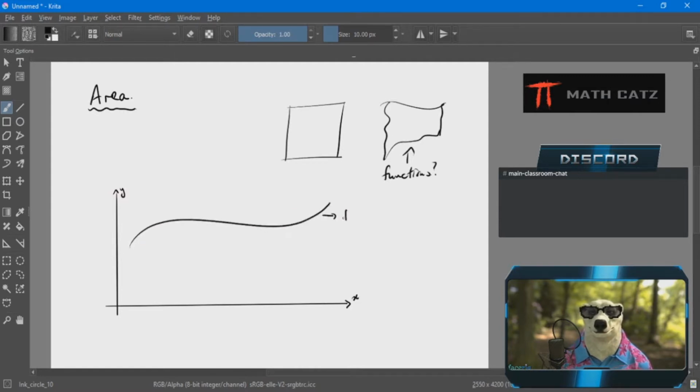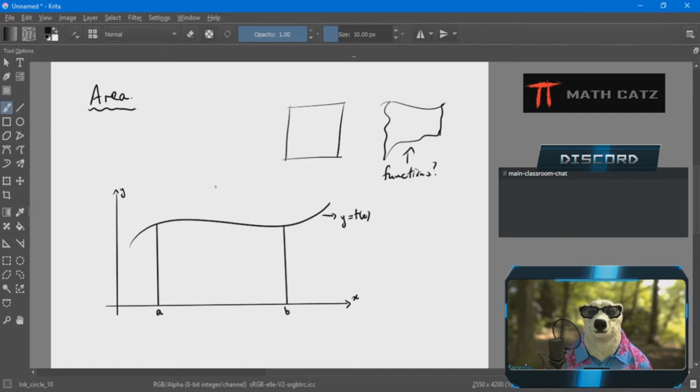That is going to correspond or come from some function. And let's suppose we're interested to enclose the space between two x values. Let's say this one is at x equal to a. And the other one is at x equal to b.